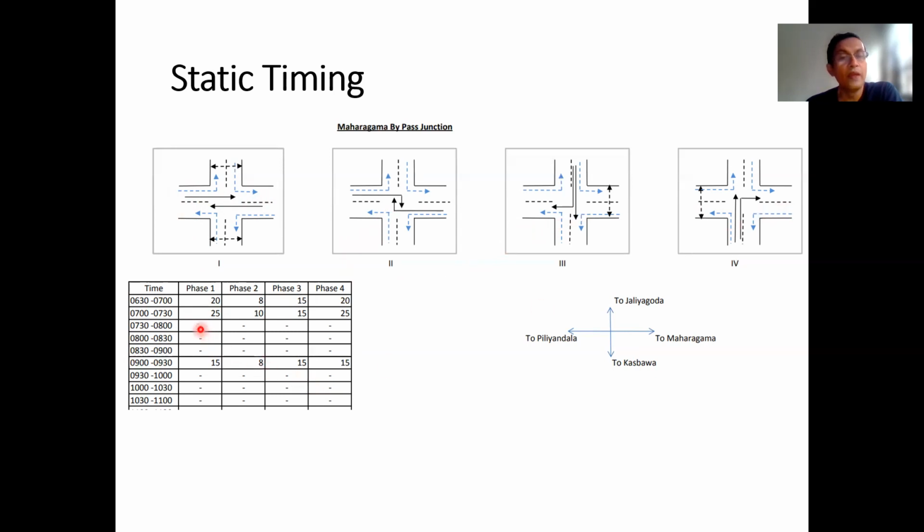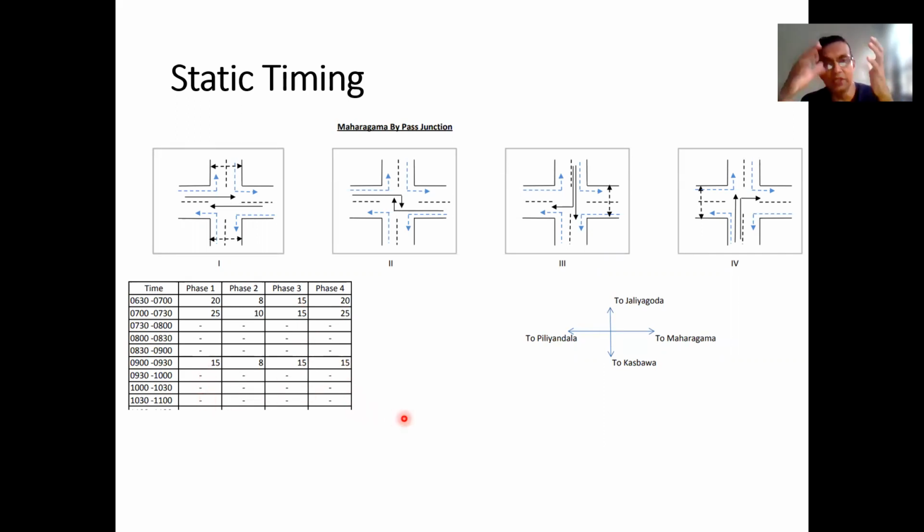And 7 to 7:30, it looks like this. After that, till about 9, you don't change the timing. And you change the timing again from 9 to 9:30, like you reduce 25 to 15, 10 to 8, 15 to 15, or don't change it. And then for the rest of the day, you maintain it.